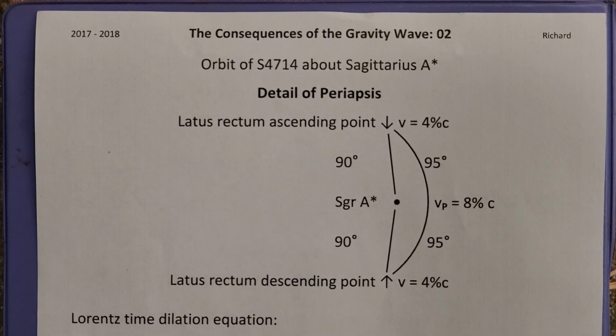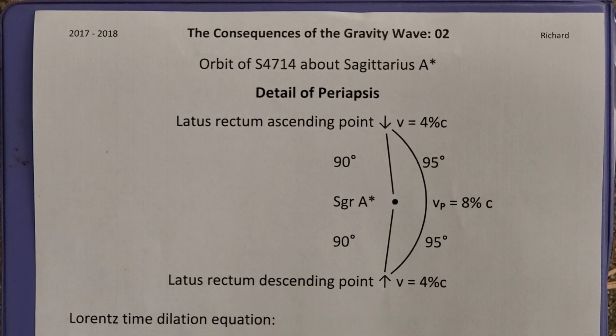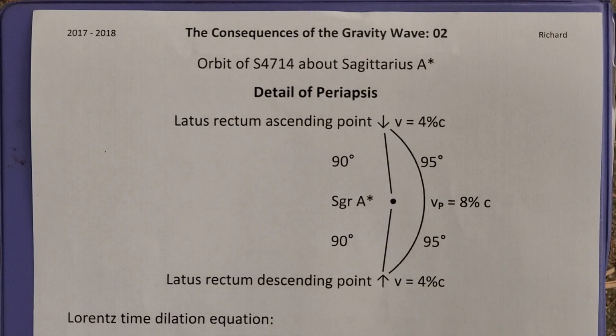While star S4714 personally experienced the Kepler ellipse, an outside observer witnessed a stretched periapsis where the latus rectum is 190 degrees instead of 180 degrees. The reason for this, according to special relativity, is that the star experiences time dilation according to Lorentz equations.